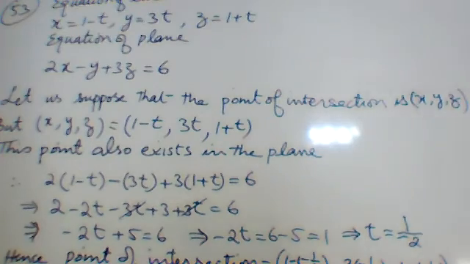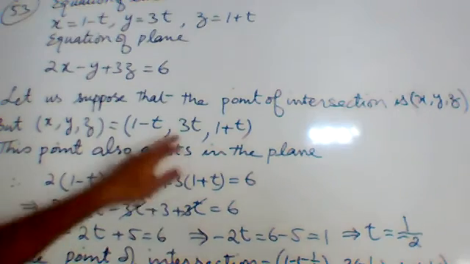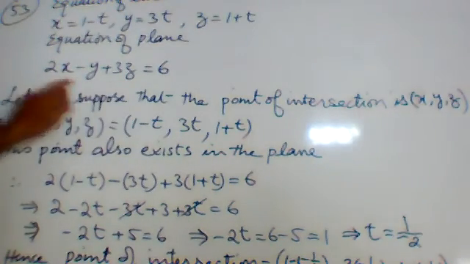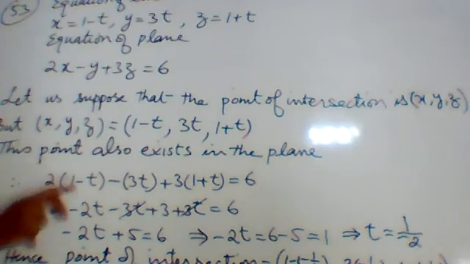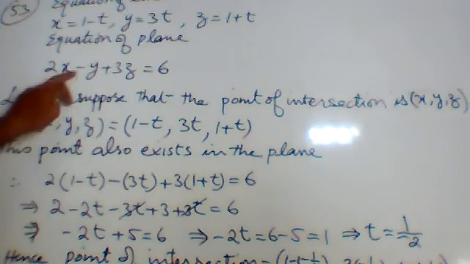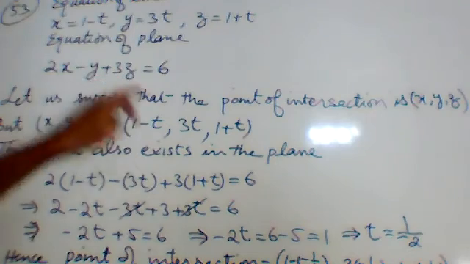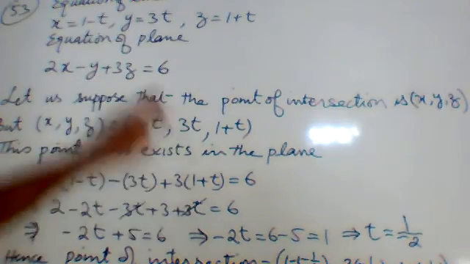When it is the point of intersection, it means this is the common point. So that point will be substituted in the equation of the plane. x is replaced by 1 minus t, 2 into 1 minus t, minus y is 3t, plus 3z, 3 into 1 plus t, and equal to 6.